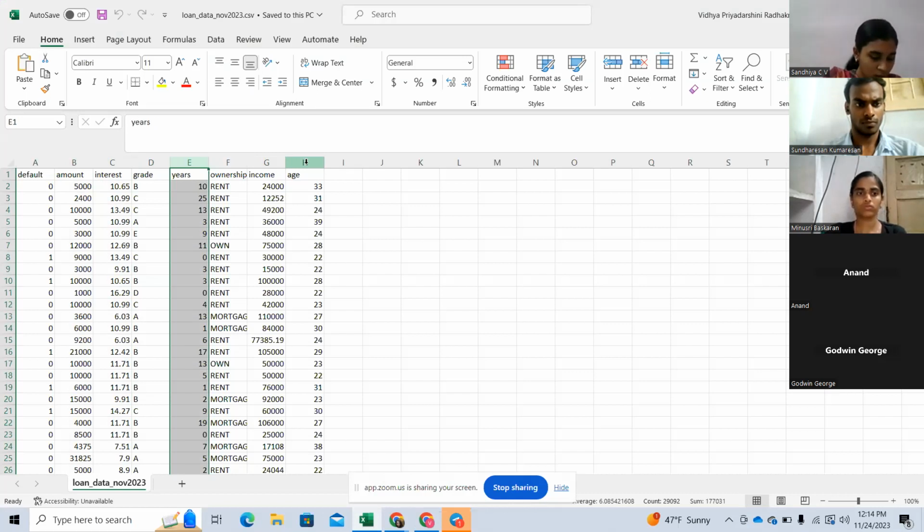Of course, in this particular case, amount is your dependent variable because that's what you're trying to predict, and the rest are what are called independent variables. The whole idea of standardization is to make sure that in terms of units, they're all in the same units. Now, how do you go about standardizing?